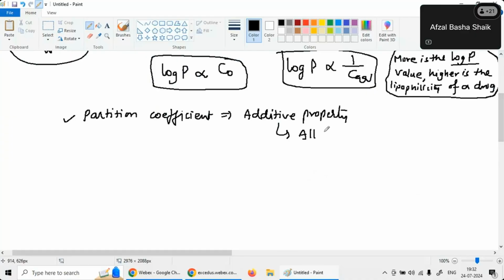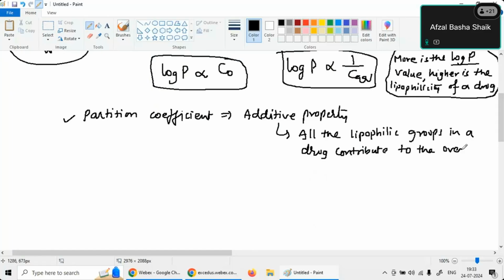Because all the lipophilic groups in a drug contribute to the overall lipophilicity. Yes or no? Just now we have seen it has 15 carbon atoms, 17 carbon atoms. We are counting everything, right? All the groups are contributing to the overall lipophilicity. That is why partition coefficient is additive.